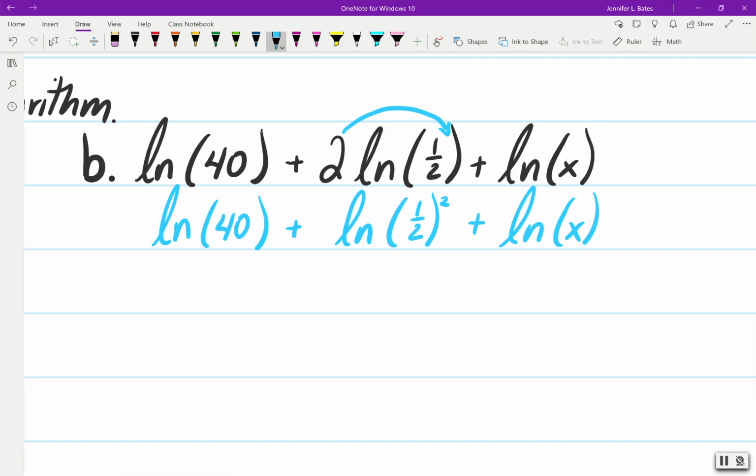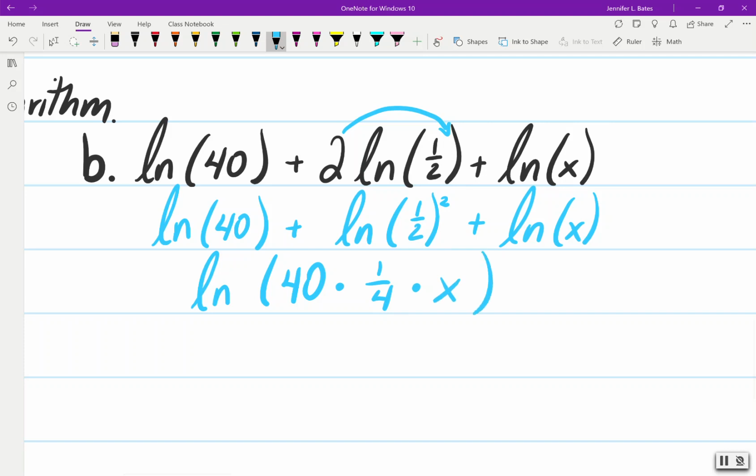Now, I've got 3 logs being added. What am I wanting to do with the arguments? I'm using property 1. Property 1 says do what with the arguments? Multiply them. So let's go ahead and throw them all together. This is the natural log of 40 times, what is 1/2 times 1/2? 1/4 times x.